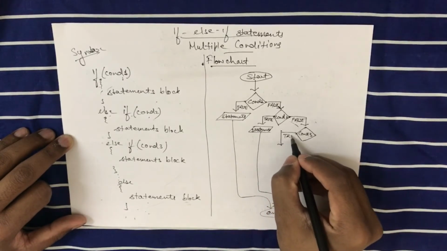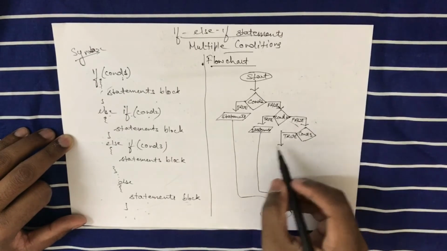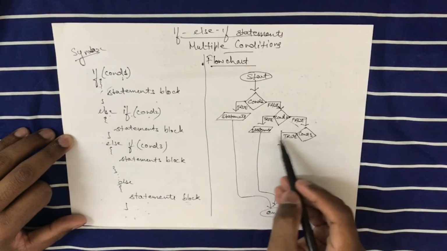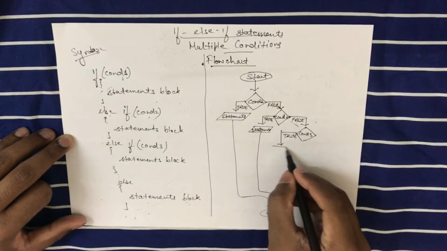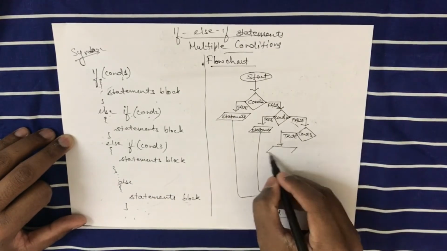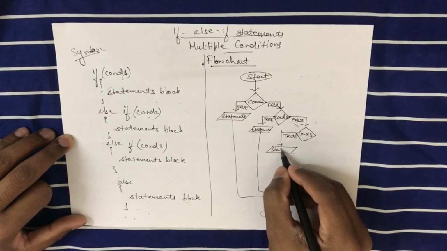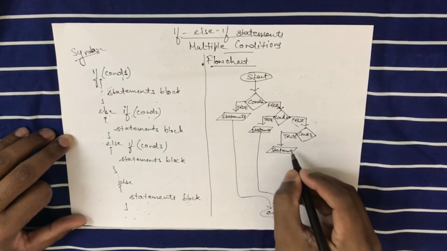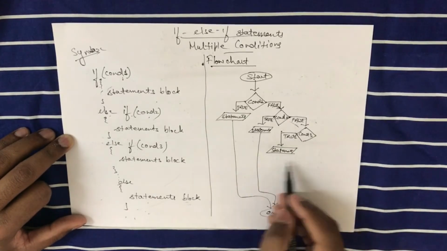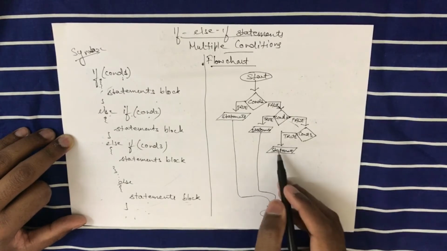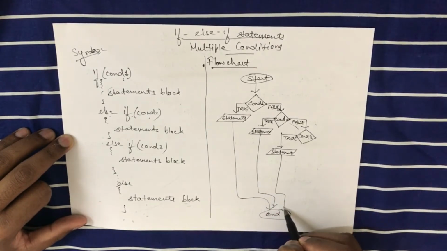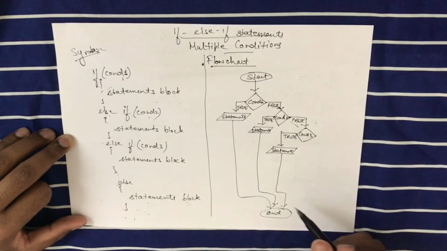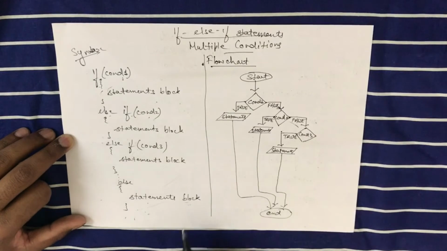And when this condition 3 gets satisfied or gets true, this statement block gets executed, which I'm representing by a parallelogram. After this is executed, it comes to the end of the program, or the end of the conditions, and it executes the rest of the program.